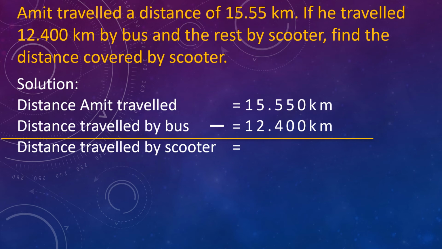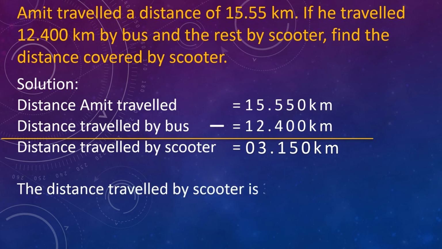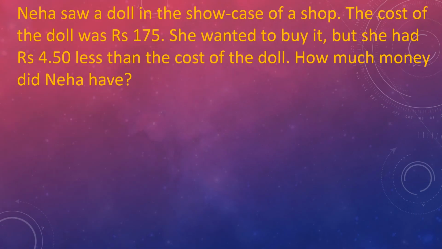So pause the video and do the subtraction on your own and check. The answer is 3.150 km and the last statement is the distance travelled by scooter is 3.150 km. Let us solve one more question.